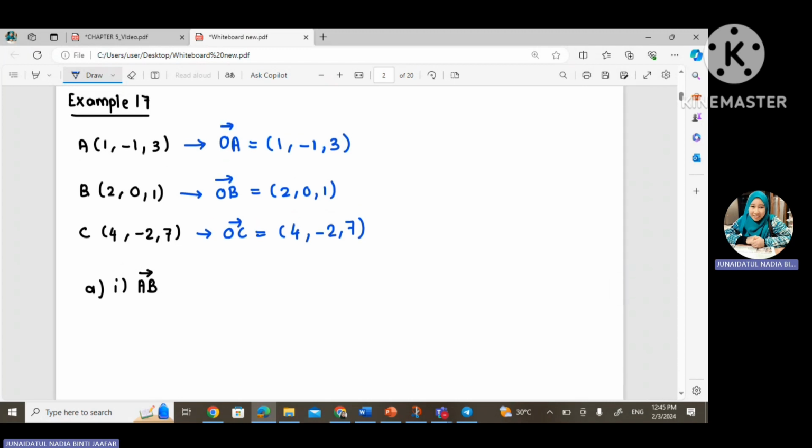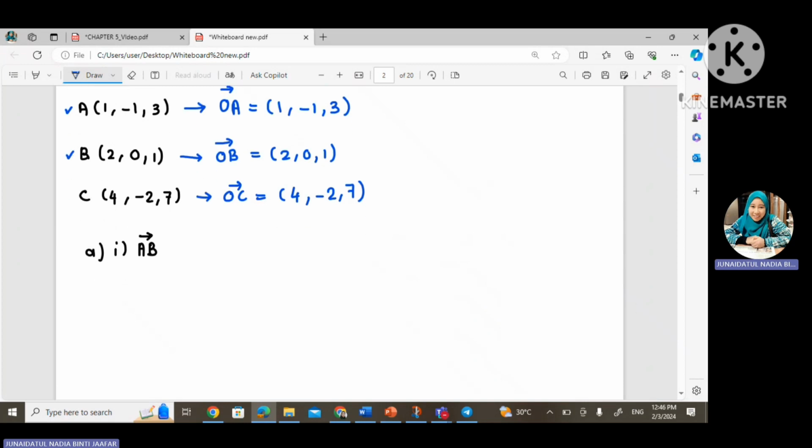Okay. So for question A1, we must find the resultant vector of AB. So for the resultant vector, we must know the distance or the direction of the vector. So let's say this is the origin.